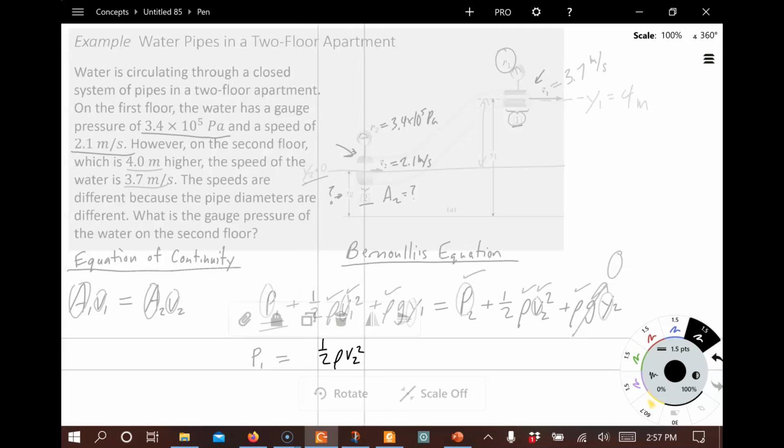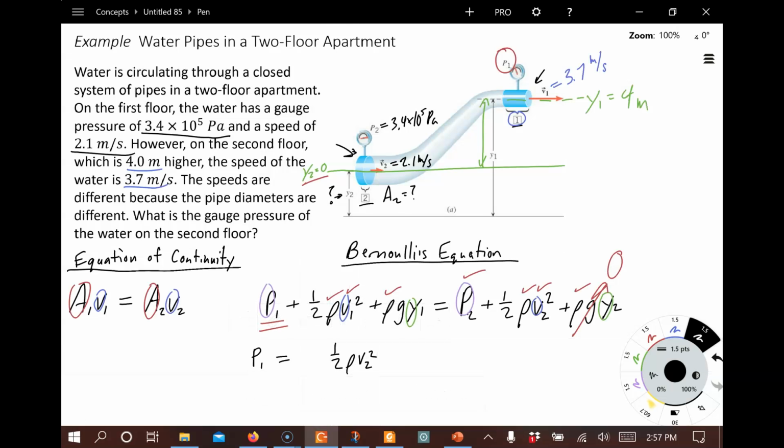Let's move that over real quick. And we have a P2 already. And then we have a 0, right? So that's just this side of the equation. And then finally, let me subtract the other term: minus 1/2 rho V1 squared, that took care of that, minus rho g y1, that took care of that.